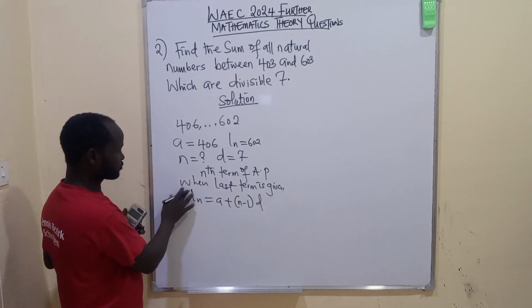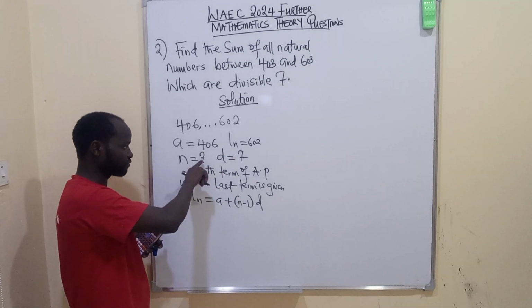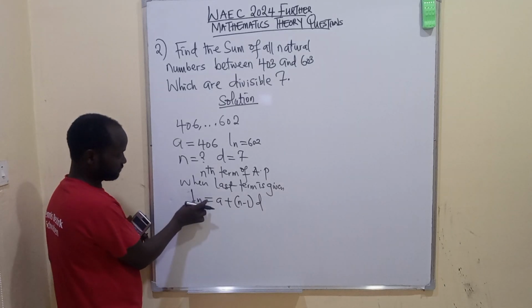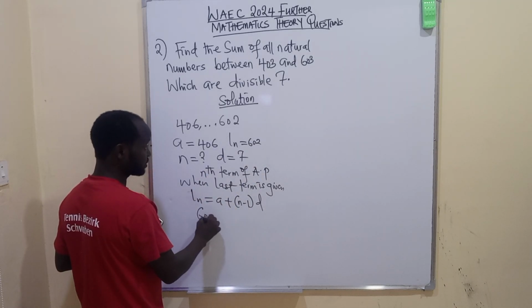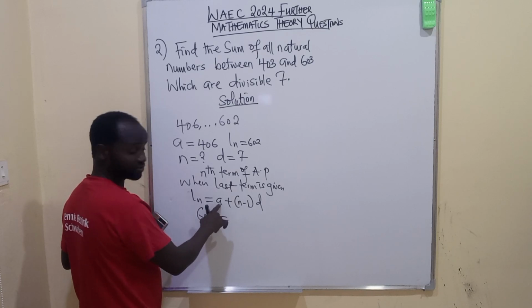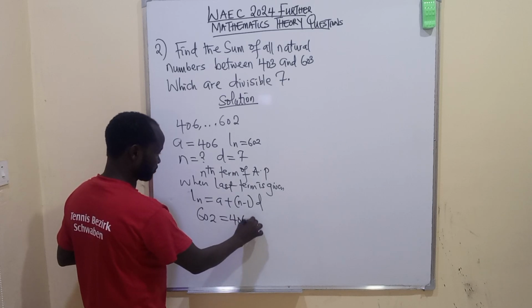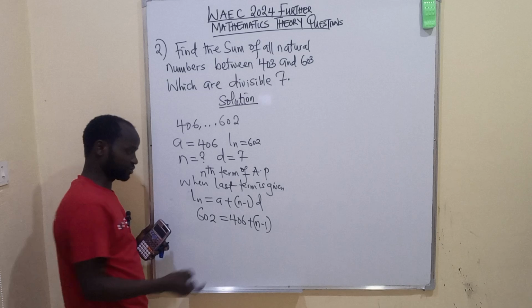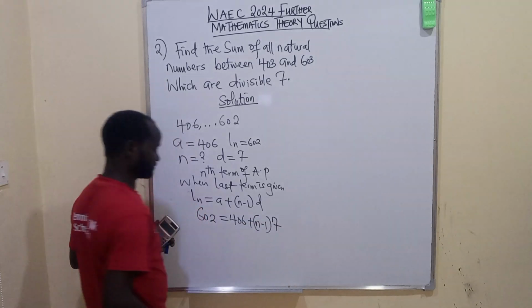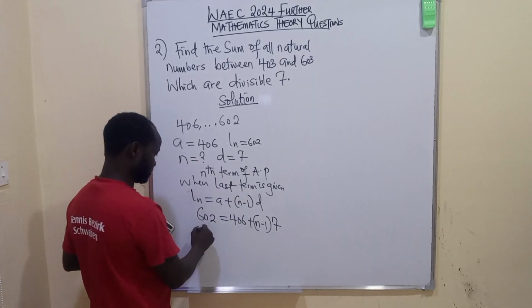So this is the formula we have to use when the last term is given. We can use this to find the number of terms. So in place of L, that's the last term, we put 602. The first term, which is our A now, is 406, plus bracket open n minus 1, times D, which is the common difference, 7. So we can easily find n, which is the number of terms.